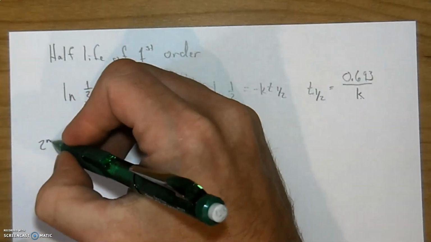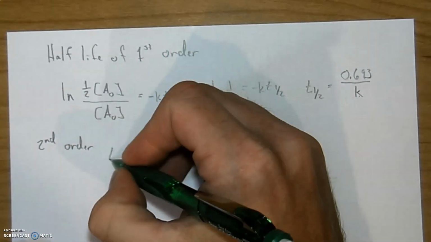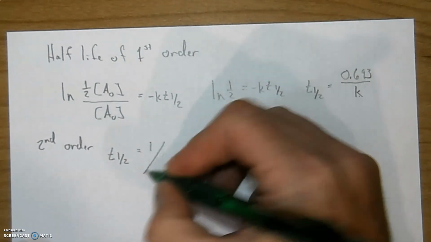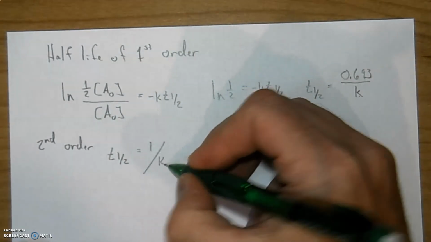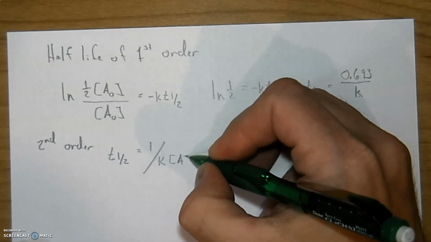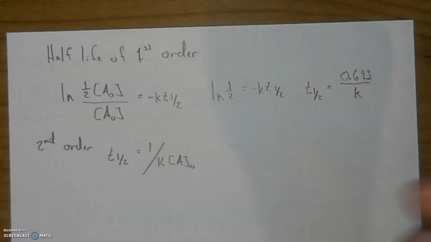To tell you what it is for second order, I don't think we're going to use it, but we'll write it down anyway, just because it does exist. It's 1 over k times the initial concentration.